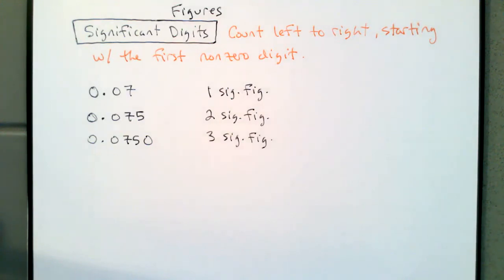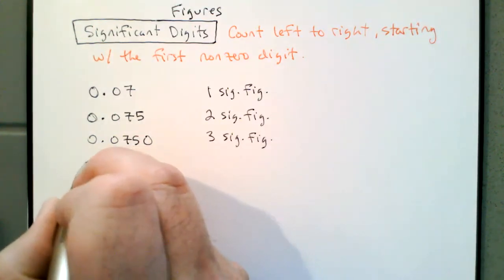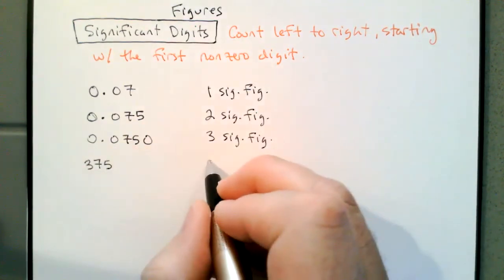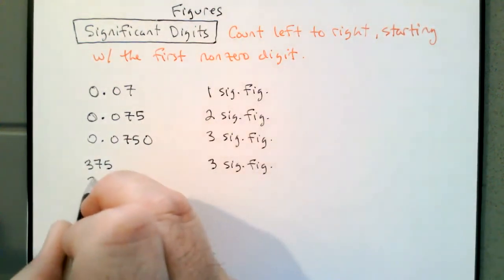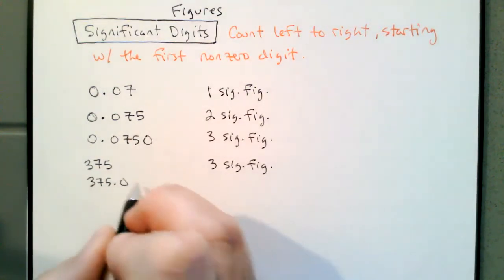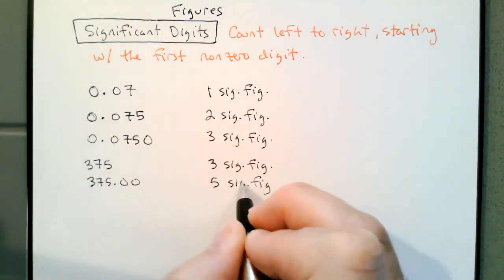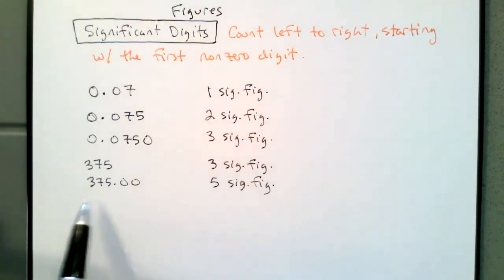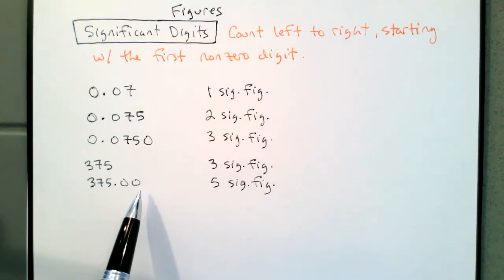We just count until the number stops. So if I have a number like 375, that's also 3 significant figures. When I put 375.00, I have 5 significant figures. You just go from left to right, starting with the first non-zero digit, and you keep going until the number ends.